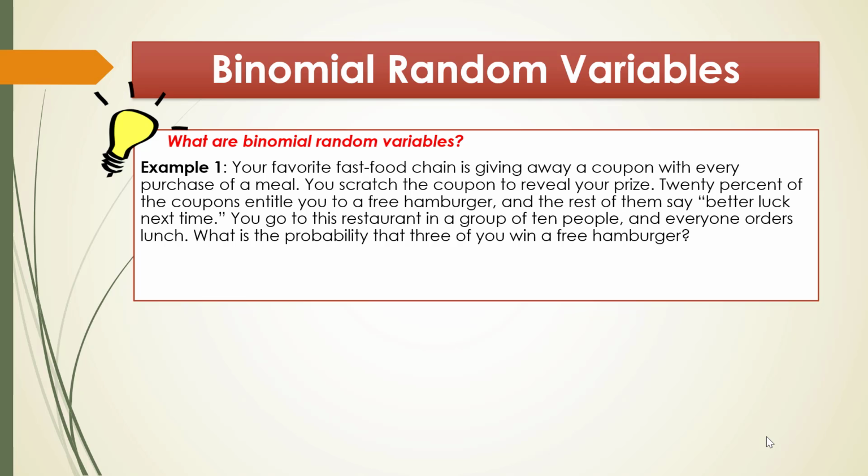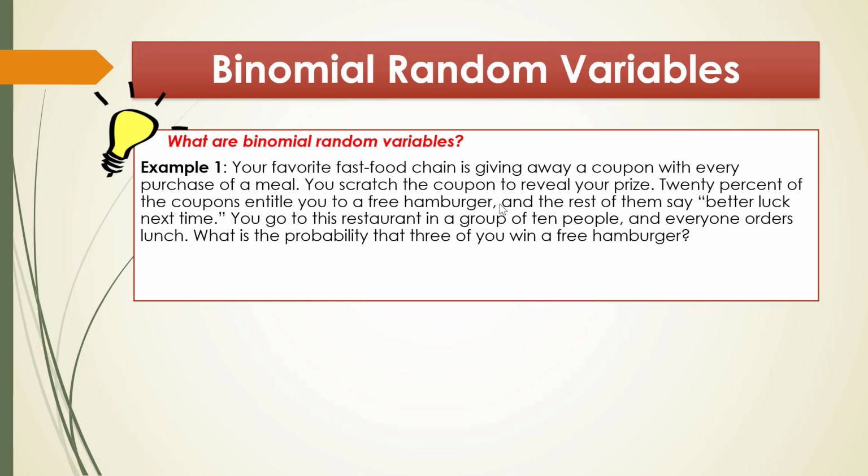So there are some keywords here that you need to pay attention to. 20% of the coupons entitle you to a free hamburger. That means for each of the 10 people, the chance of success is 20%. That means 20% that one randomly chosen person among the 10 people wins a free hamburger.